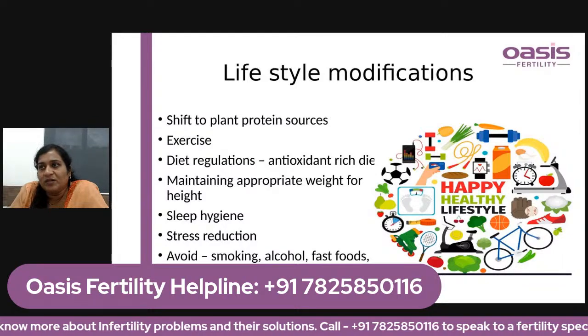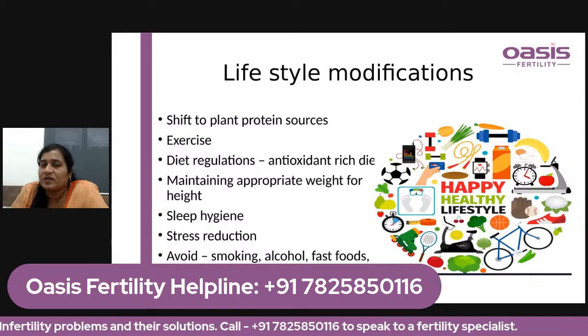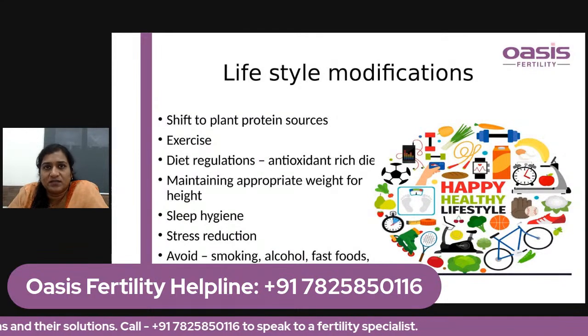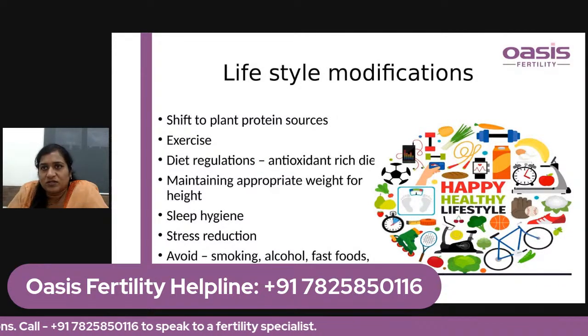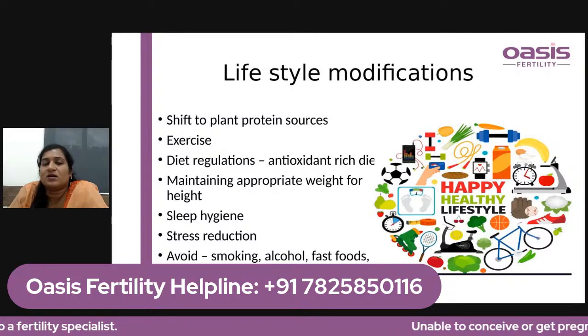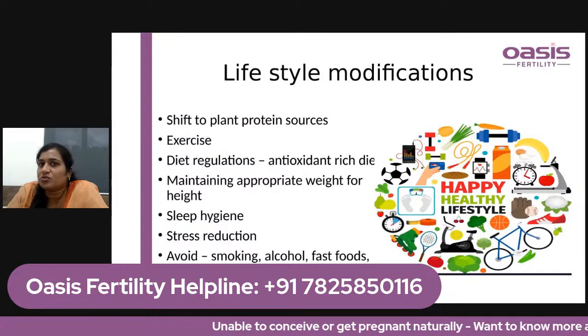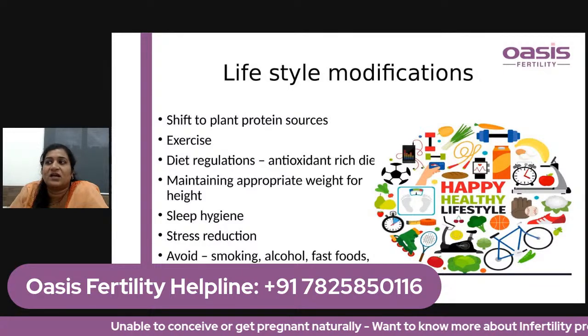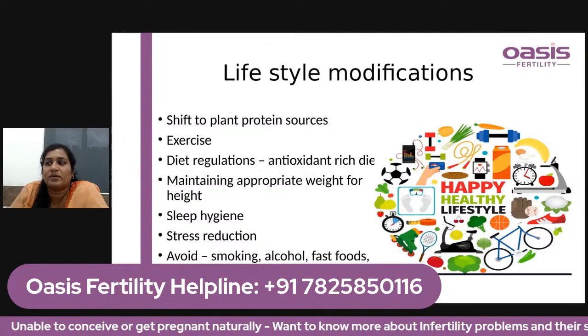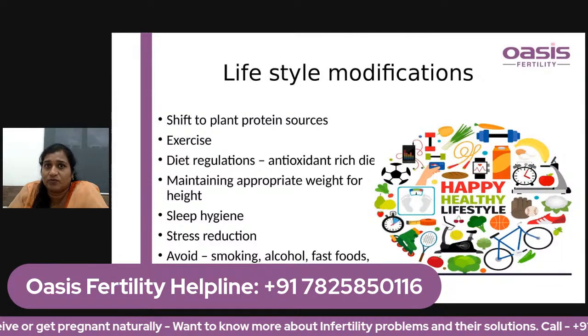So egg number usually doesn't improve from home remedies, but egg quality to a certain extent can be taken care of. First thing is dietary requirement. Plant source of protein has been found to be superior to animal source of protein to increase the egg quality. So to shift to plant source of proteins is the first thing.